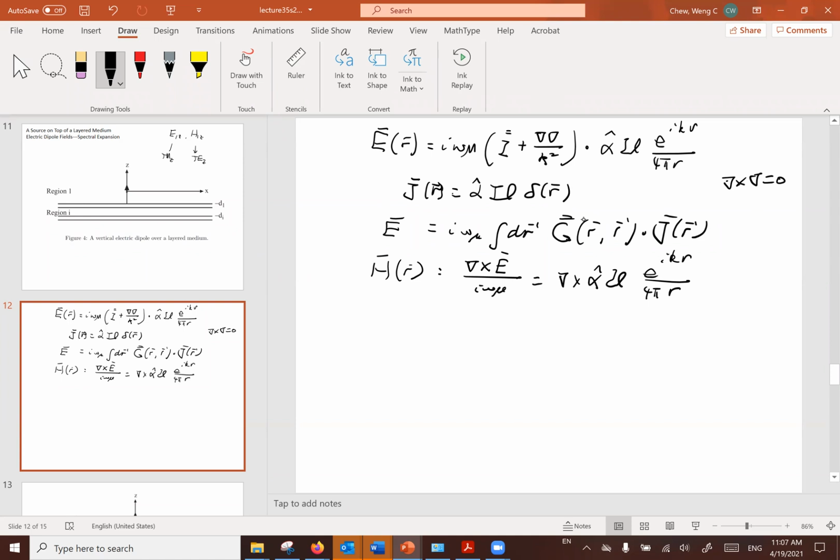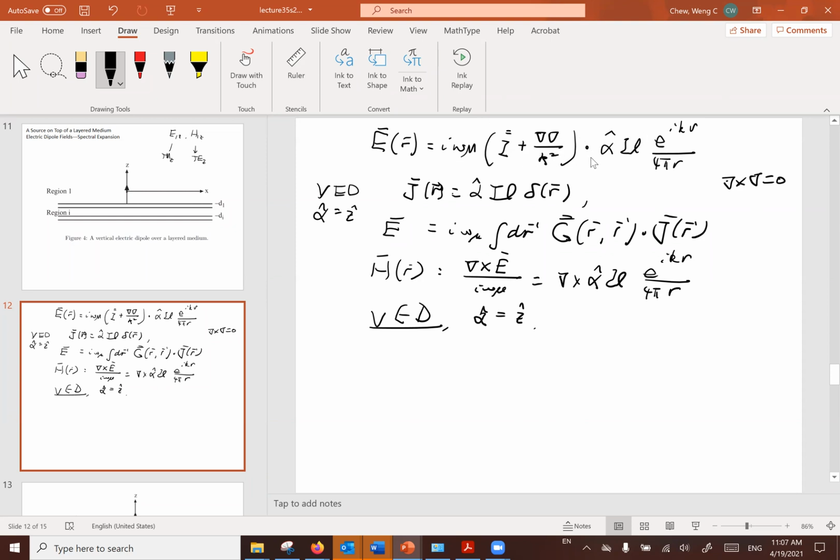Okay, so to find the Z component of this field, you just need to dot it with Z. And for simplicity, let's assume that we have a vertical electric dipole. Alpha hat is Z hat for a VED. Then you can look at the Z component of this quite easily.